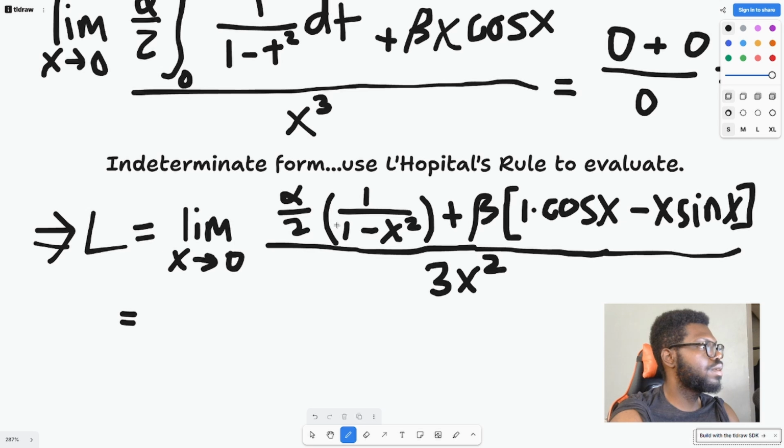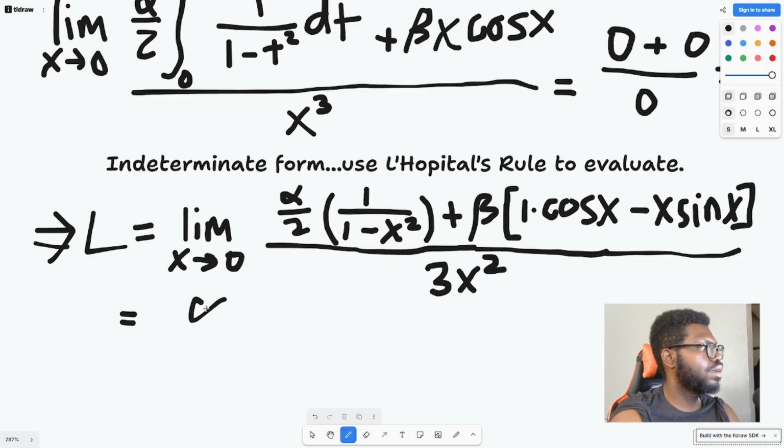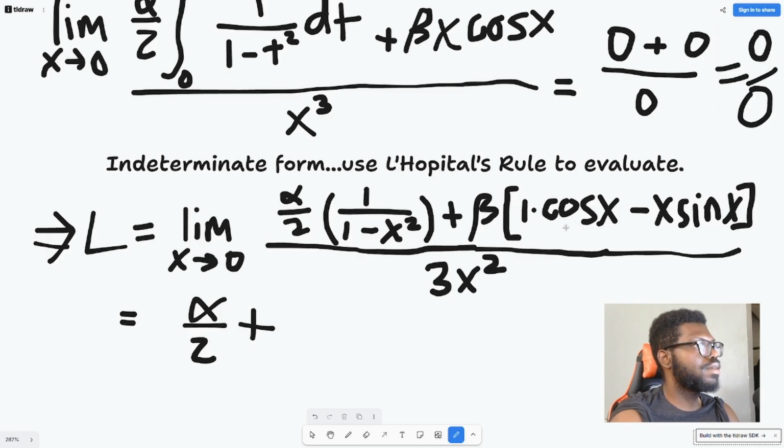As x approaches 0, this expression here is just going to be equal to alpha over 2 because this expression is going to approach 1. It's going to be equal to 1 as x approaches 0. That means we have alpha over 2. And then here, the limit as x approaches 0 of cosine x is 1.